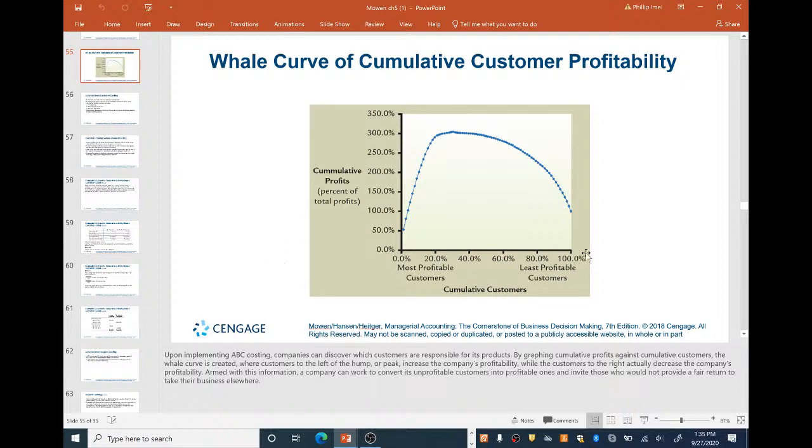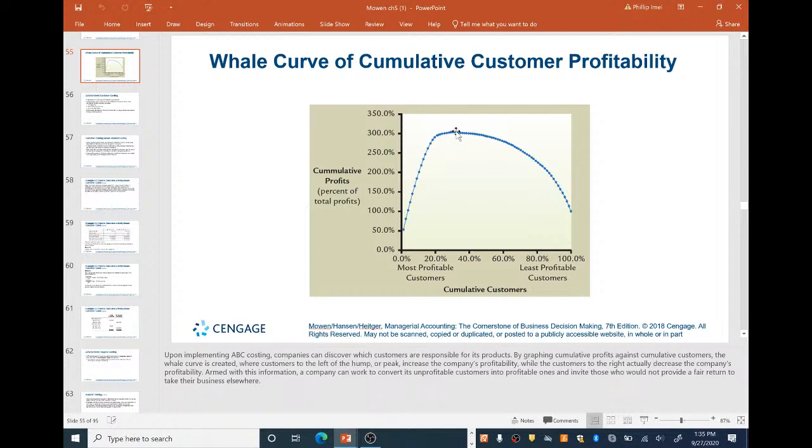Obviously, by using this type of ABC costing system, these companies can discover which customers are going to be responsible for producing the most revenue for their company, and the ones that are not producing that much profitability. We can see here that once we get to about 20% of cumulative customers, that's about the peak, between 20 and 30%, of the cumulative profits.